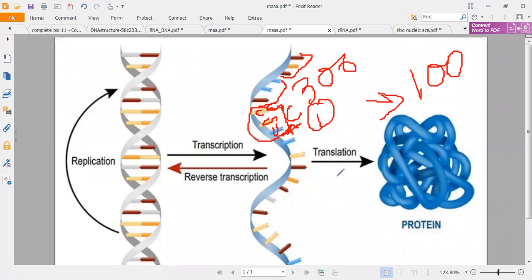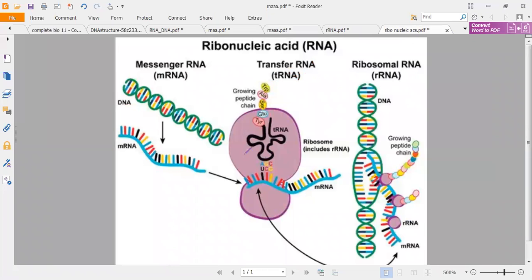So what happens to this messenger RNA? It will go out of the nucleus. Here, messenger RNA is transcribed from DNA and moves out of the nucleus. When it moves out, you can see a ribosome is already present, so it attaches on the ribosome.